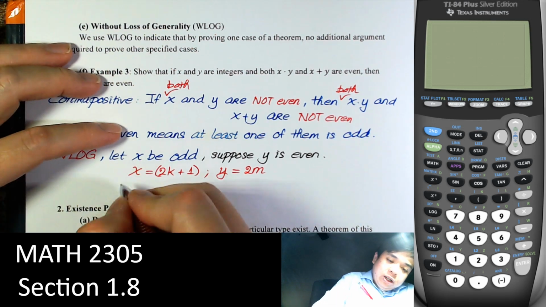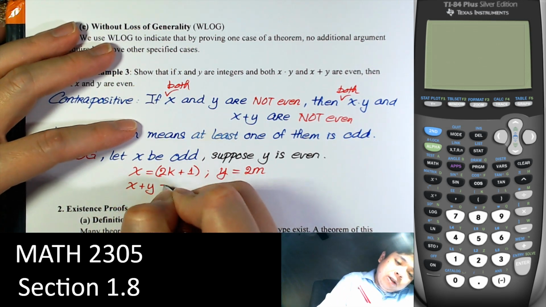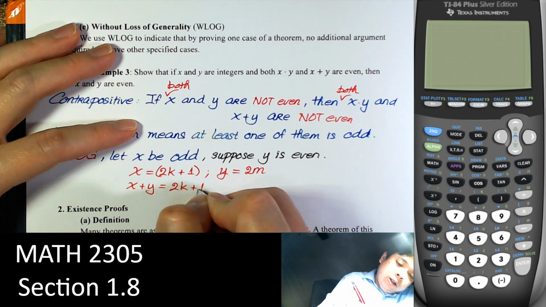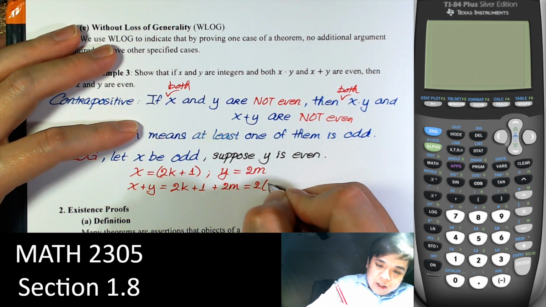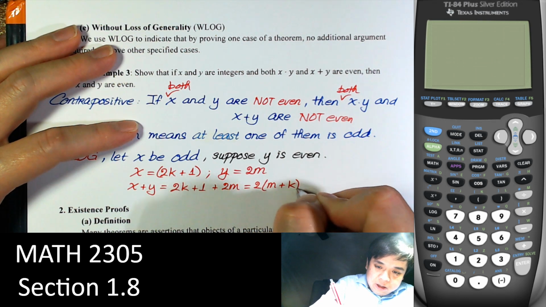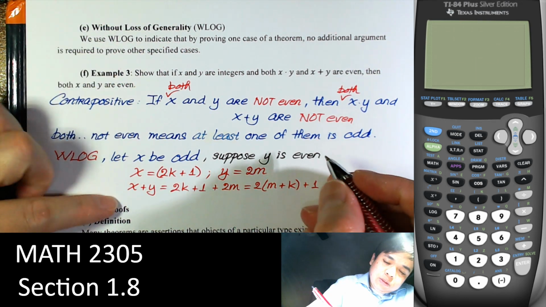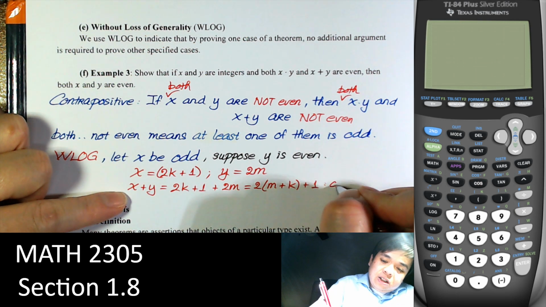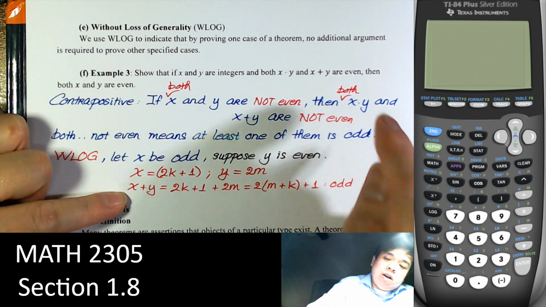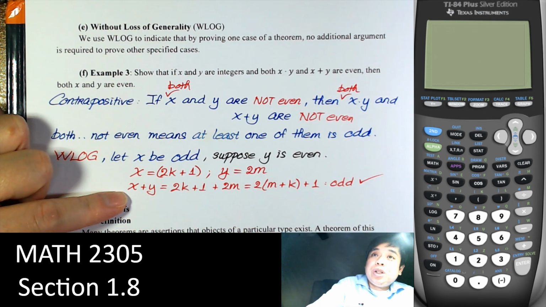So let's do quickly x plus y, 2k plus 1 plus 2m. Of course, we can factor out the 2, 2 times m plus k, plus 1. And of course, that is odd. So that satisfies that it is not even. So that's good.